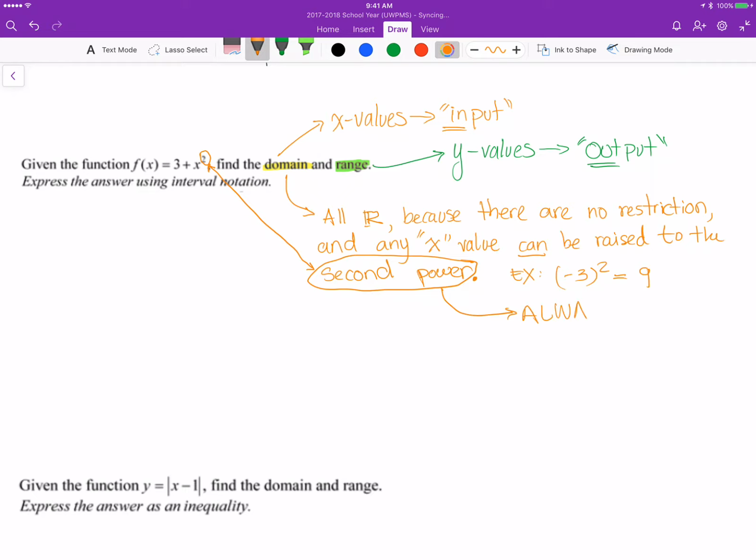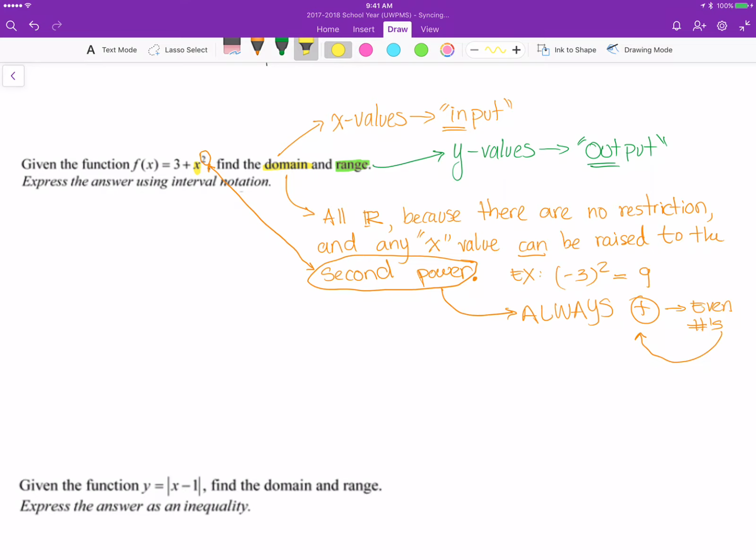Always, you have to memorize this. Always positive. Anything to the second power, anything to the fourth power, anything to the sixth power, any even number, it's always positive.